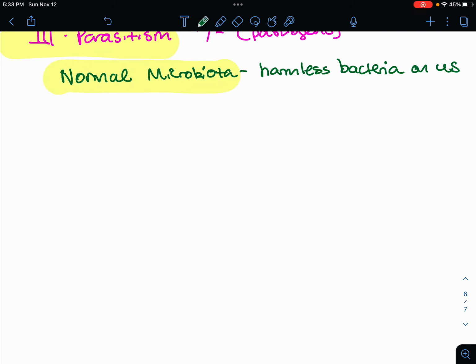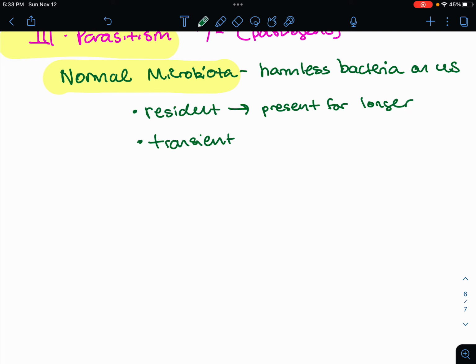And we have both the resident and the transient. The resident microbes are going to be there for extended periods, whereas the transient ones are going to be temporary.